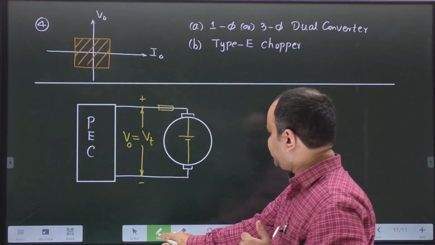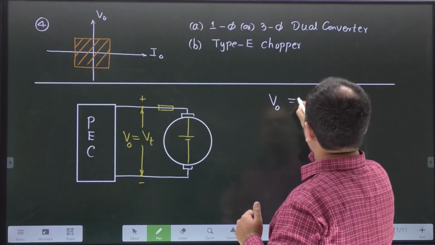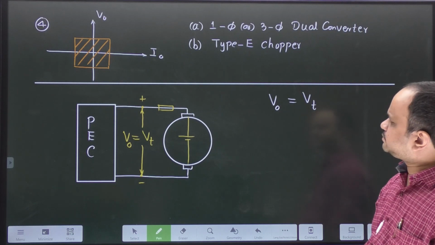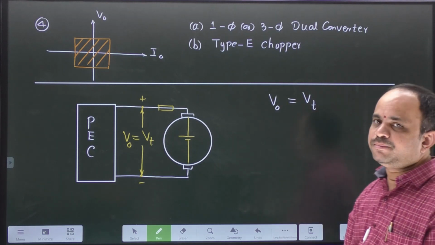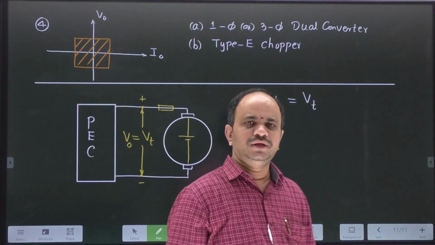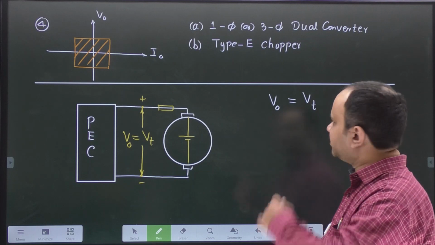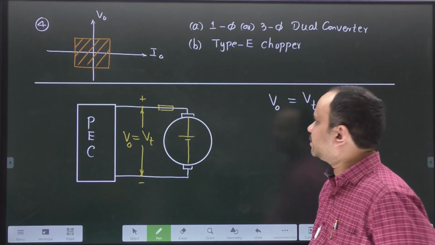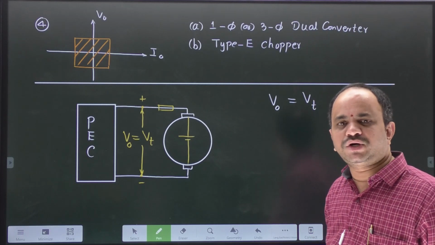Therefore, you should first start from this equation. What is V0? Output voltage of the power electronic circuit. Say for example, if the power electronic circuit is a single phase full converter, then V0 will be 2 Vm by pi cos alpha. Suppose the power electronic circuit is a single phase semi converter, then it will be Vm by pi into 1 plus cos alpha.